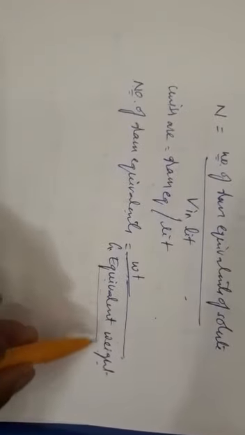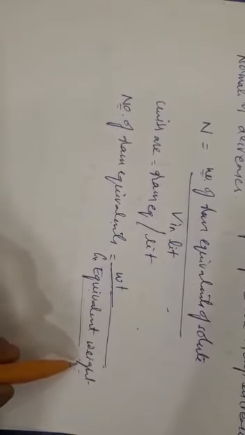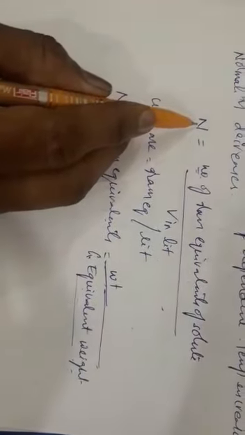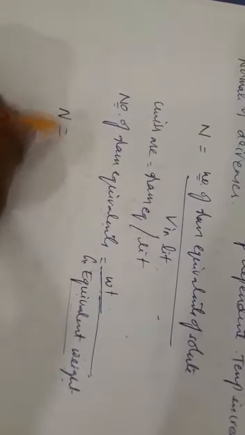So here the number of gram equivalents is equal to weight by gram equivalent weight. By substituting the formula of equivalent weight, we can write the normality formula in another form. The simple form is number of gram equivalents of solute by V in liters. Substituting, normality is equal to weight by equivalent weight into 1 by V in liters.